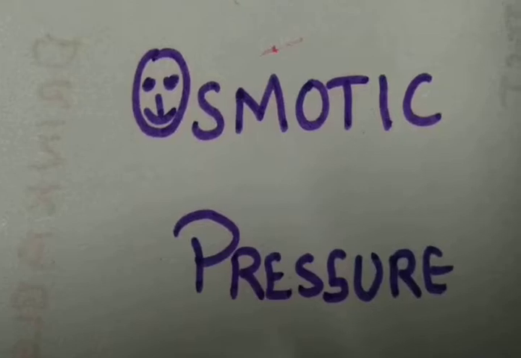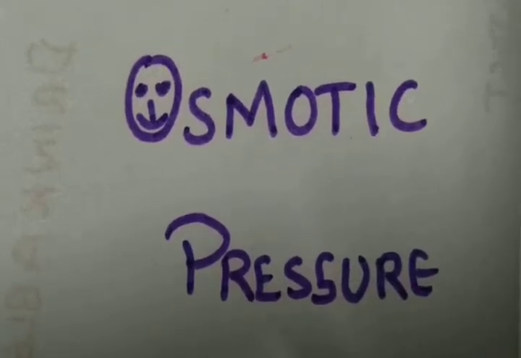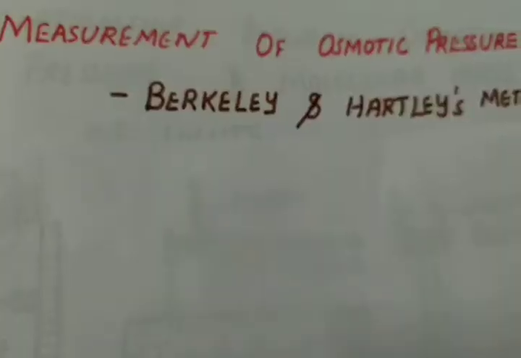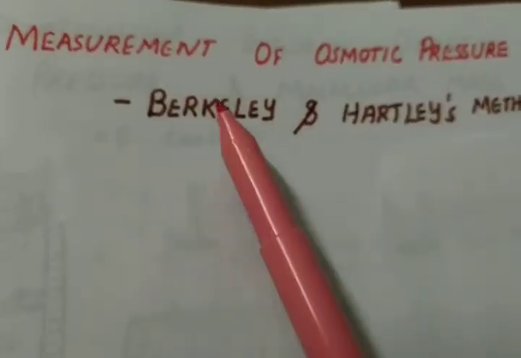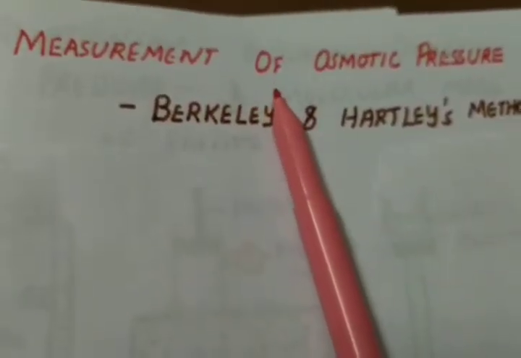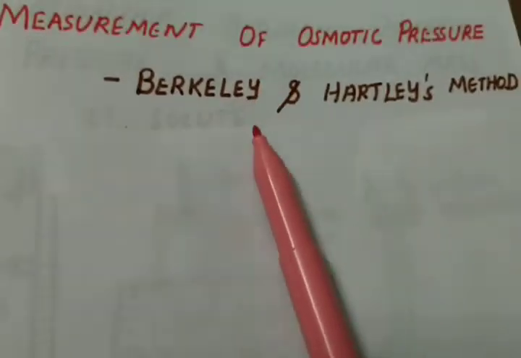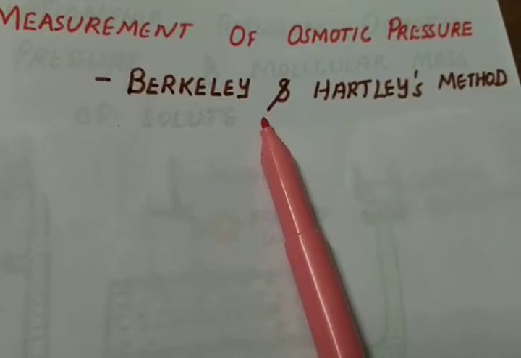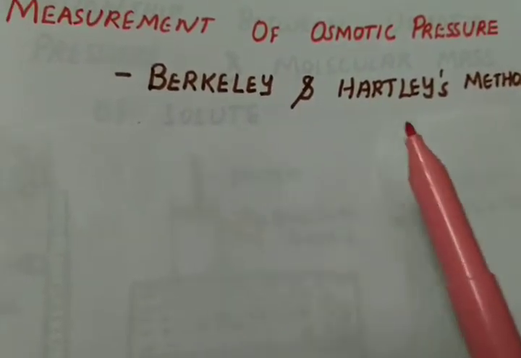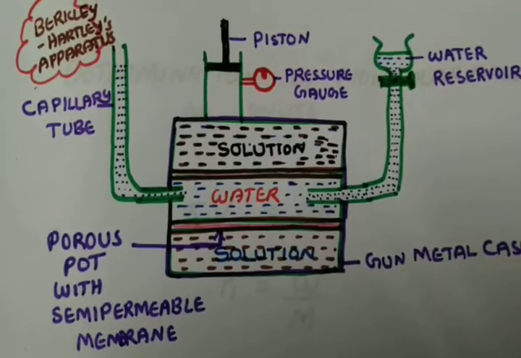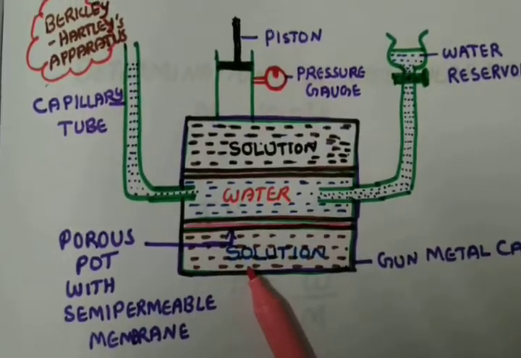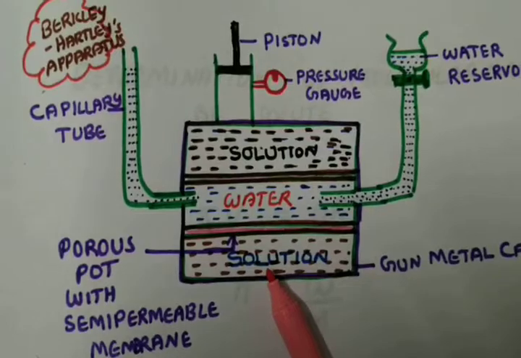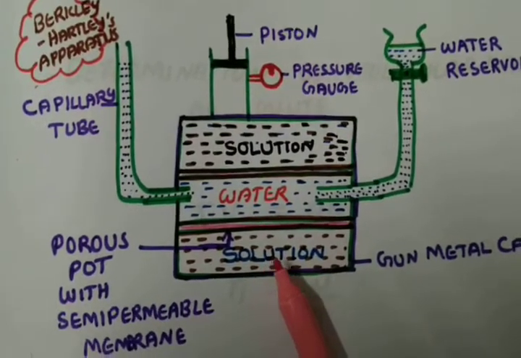Children, how can you measure the osmotic pressure of the solution? So we are moving to the next topic, measurement of osmotic pressure. Measurement of osmotic pressure is done by Berkeley and Hartley's method. Here you can see the Berkeley-Hartley apparatus used for the measurement of osmotic pressure of the solution.